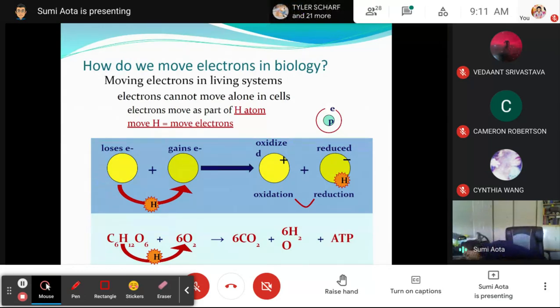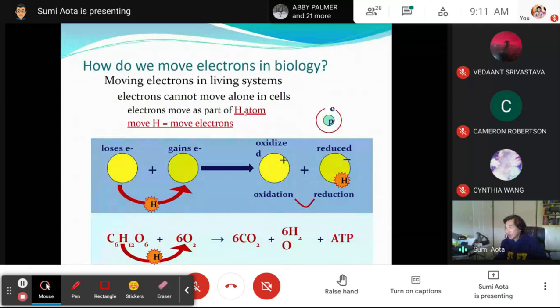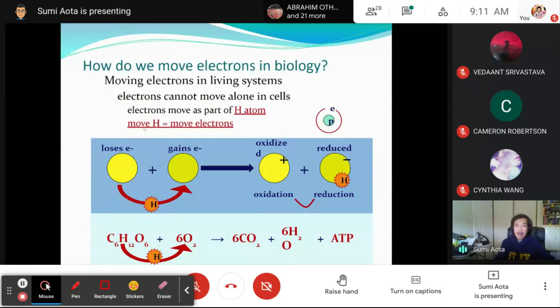But you're a biological organism made of carbon. If you're a carbon-based organism, you don't have free electrons to move around. So to move electrons in biology, you have to move them as part of something else. Generally speaking, we move them as part of a hydrogen atom, because when you move a hydrogen, you're moving a proton and an electron.